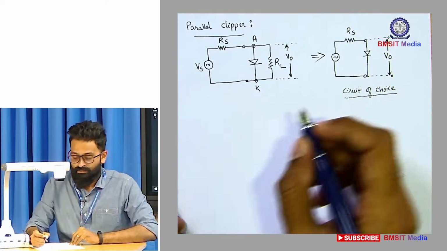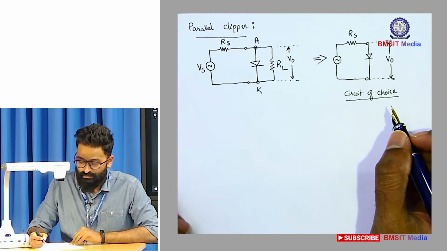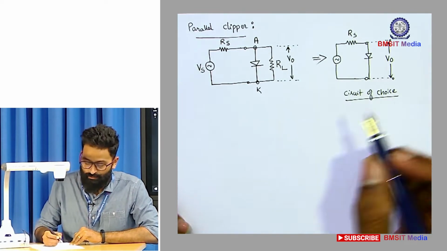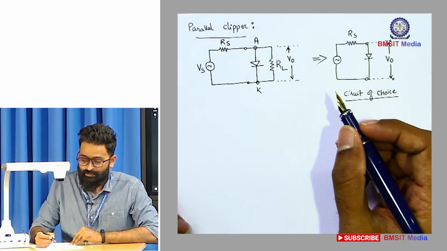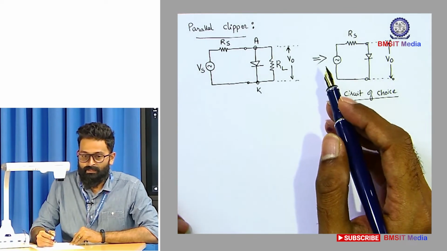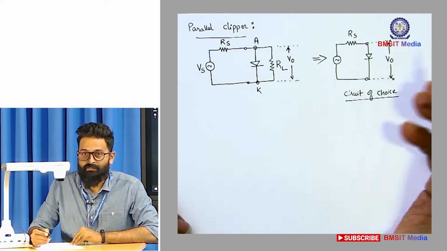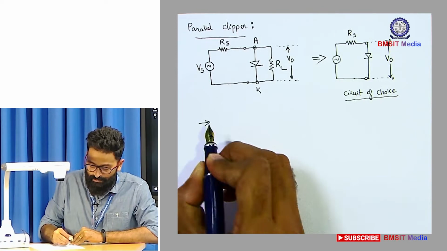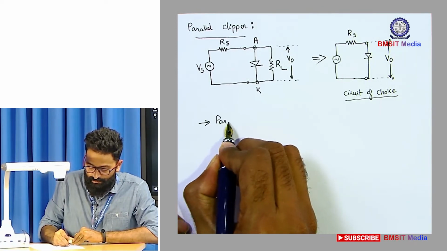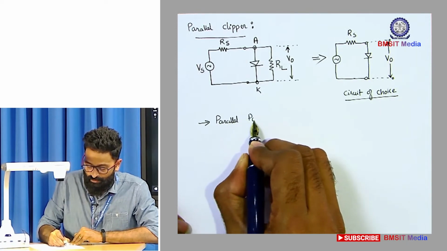Alright, so that being said, we can get into the analysis part. Just like the series clipper, the parallel clipper can be found in the positive clipping category as well as in the negative clipping category. So first let us look at the parallel positive clipper.